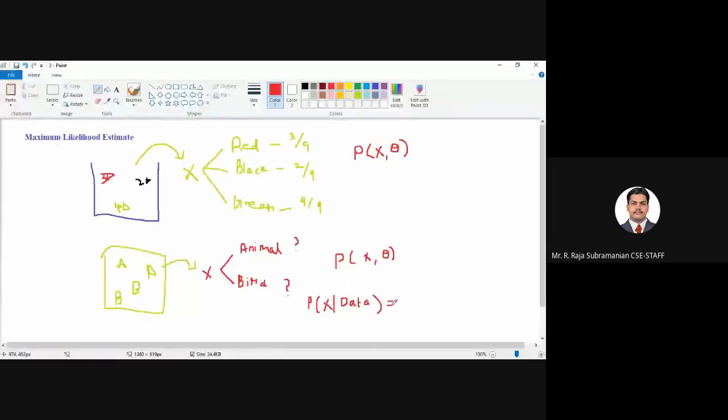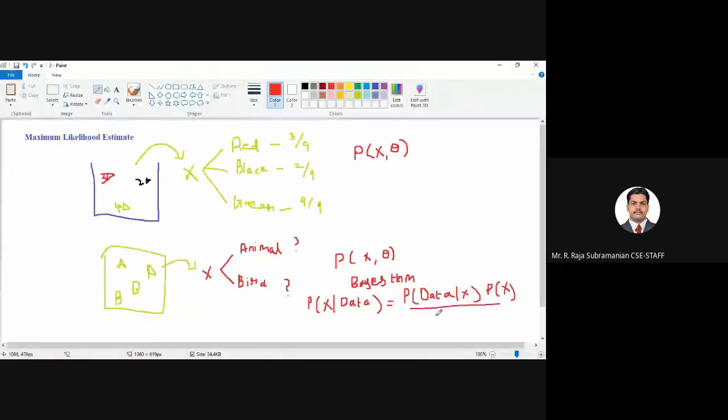Now, according to Bayes theorem, it is going to be p of data given x into p of x, divided by p of data.